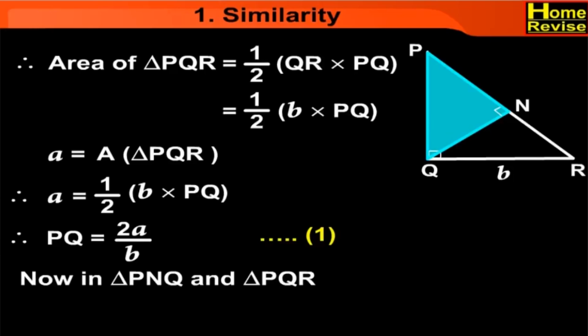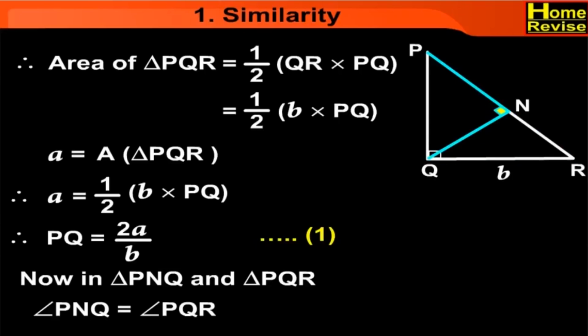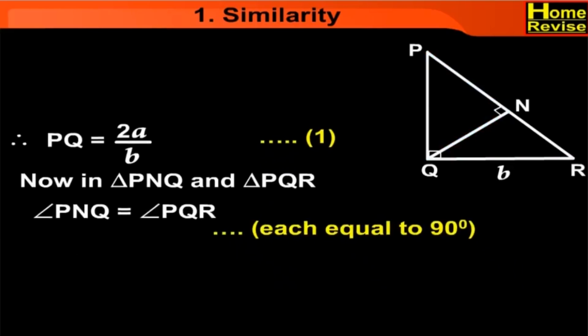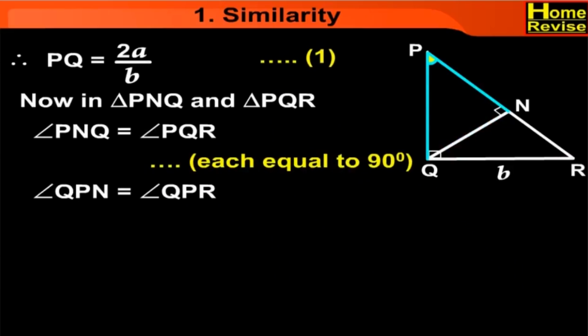Now, in triangle PNQ and triangle PQR, angle PNQ is equal to angle PQR. Reason: each equal to 90 degrees. Angle QPN is equal to angle QPR. Reason: common angle.